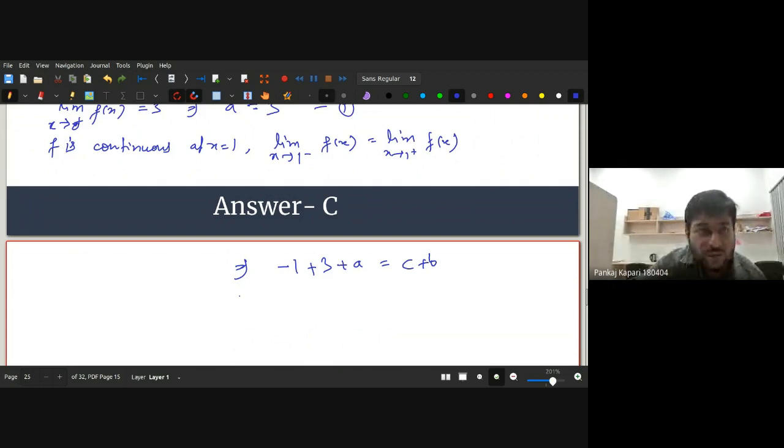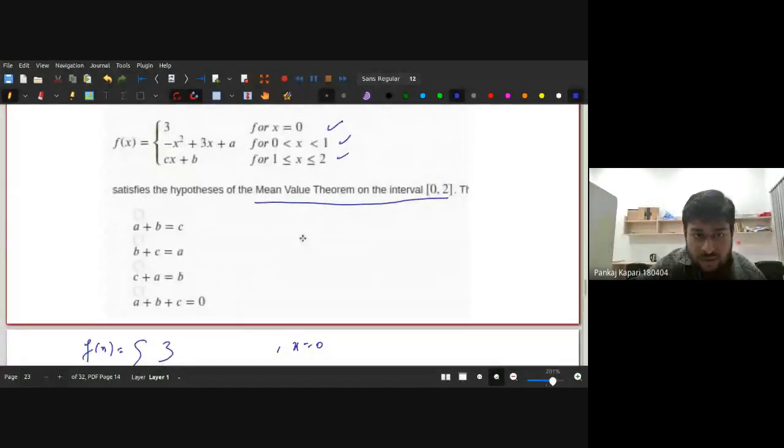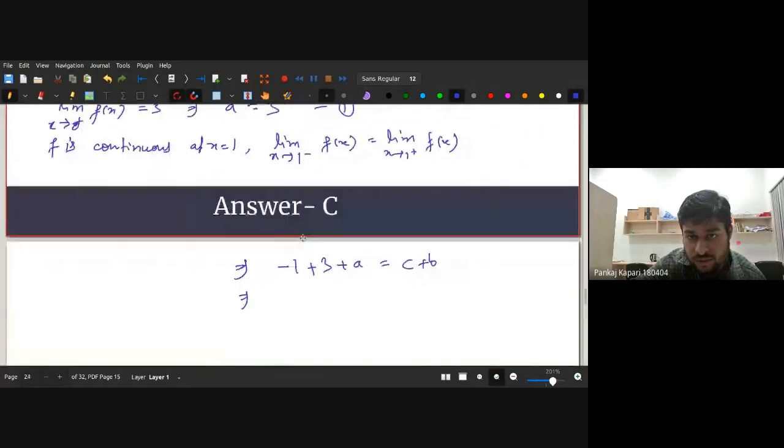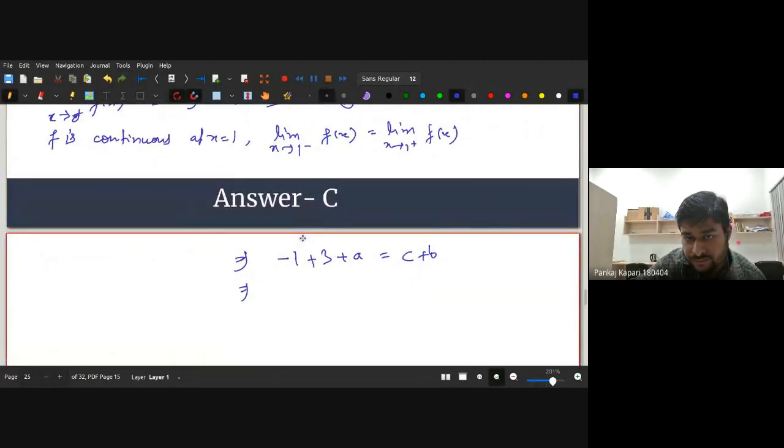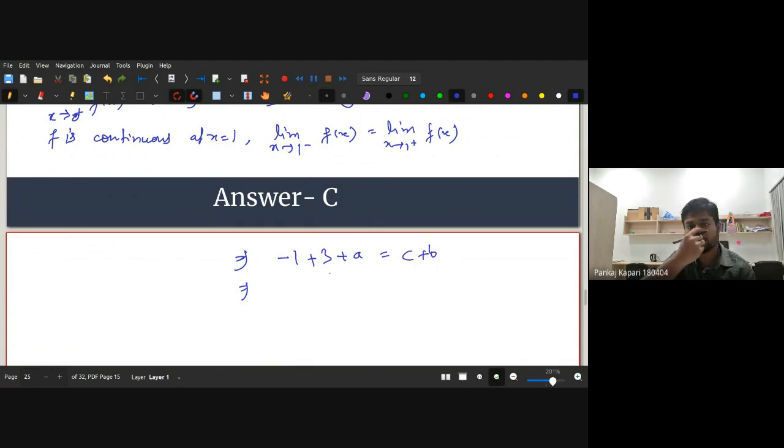So can we put the value of a? Okay, let's not do that. We just have that c plus b is equal to, let's put the value of a also.